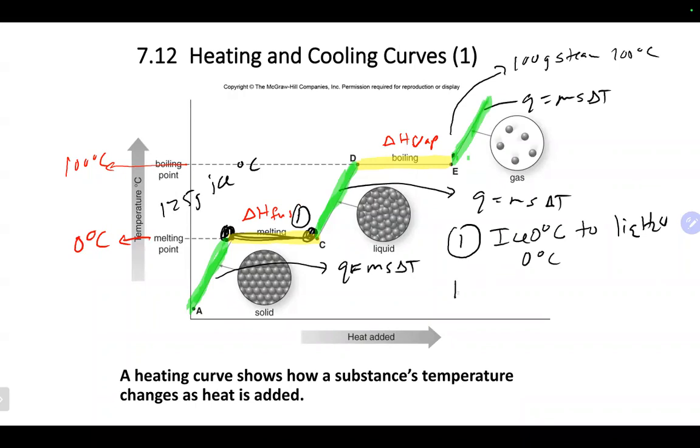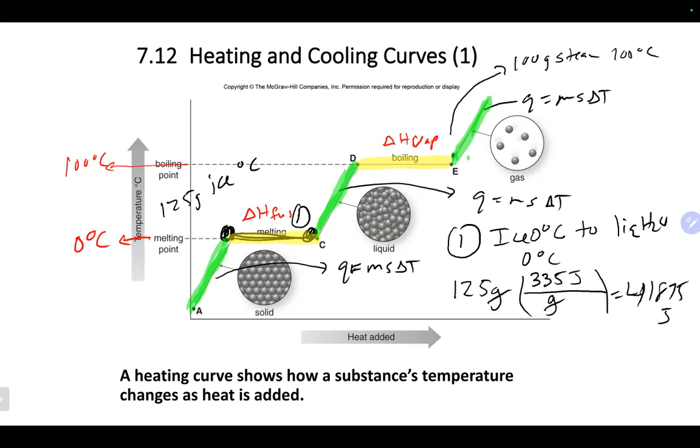So we could do our calculation of 125 grams, use the heat of fusion for water, and I'll just use the number I wrote up there earlier, 335 joules per gram. And if we do that, we get 41,875 joules.